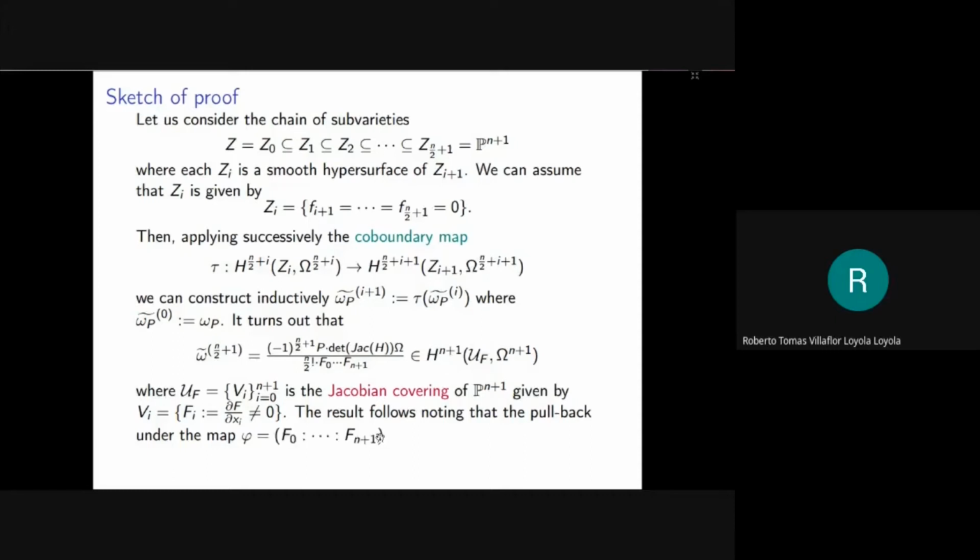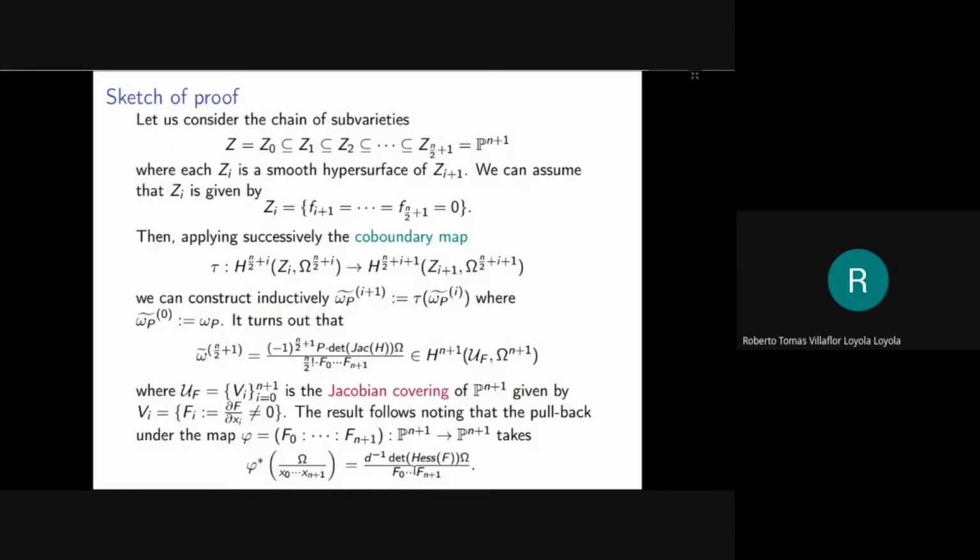So consider phi to be the map given by the partial derivatives of f. This is a finite morphism of P n plus 1 to itself. And the pullback of the usual volume top form of P n plus 1 can be computed, and it's just given by this formula. And so using this pullback description, we can compute the period of this top form given in terms of the Jacobian covering.